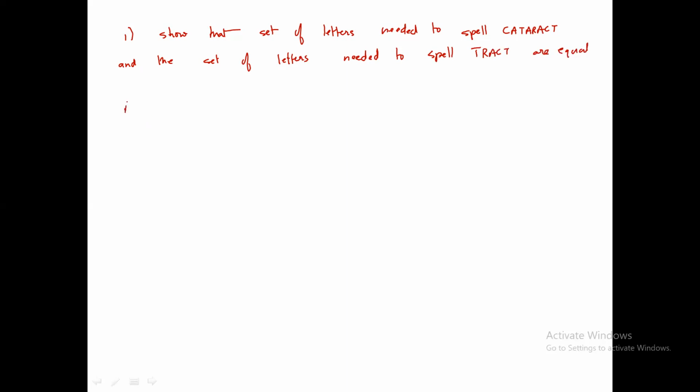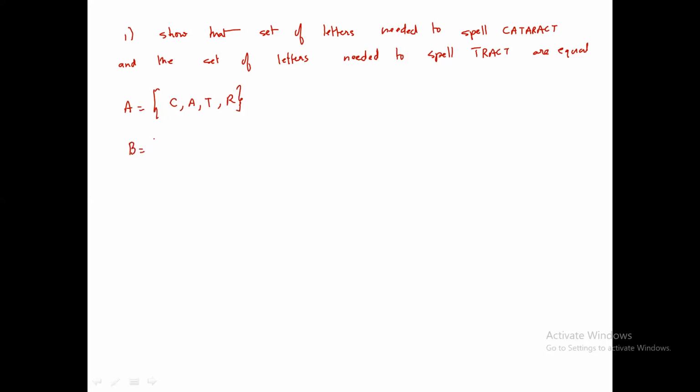So I will first list the set A, in which we need letters to spell cataract. C, A, T, I need not write A, R, again A I need not repeat, C I need not repeat, T I need not repeat. So these.